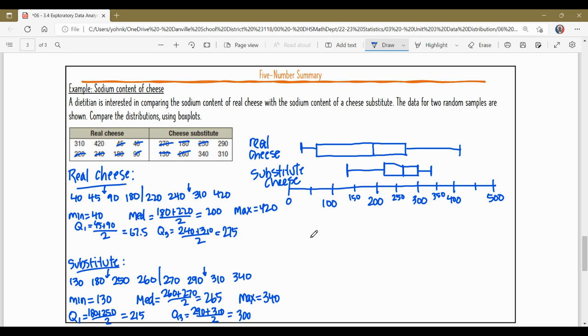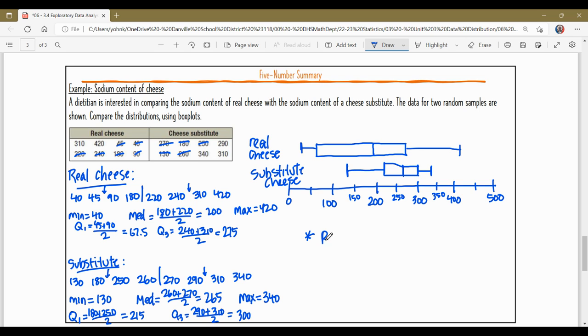Now we need to compare. So what can we say about these two sets of data? Well, let's see. In terms of whisker length, it looks like the real cheese is positively skewed, and the substitute cheese is negatively skewed.